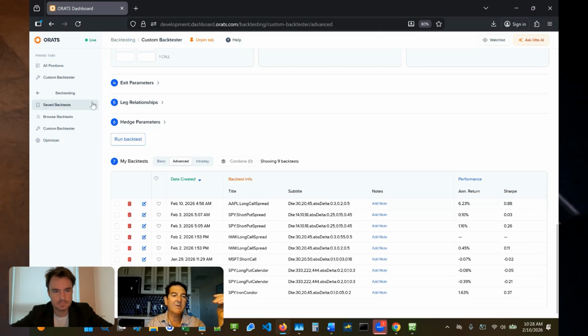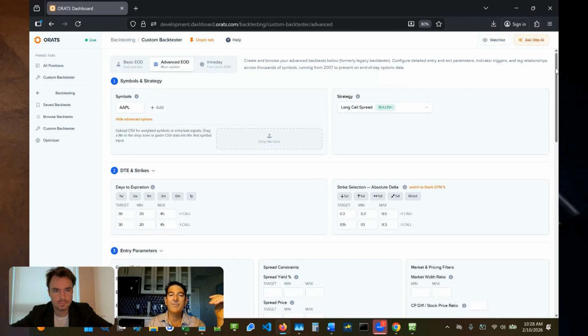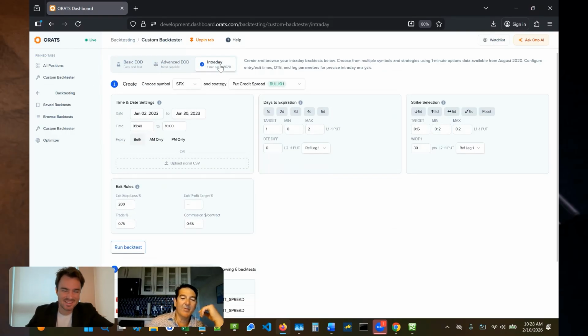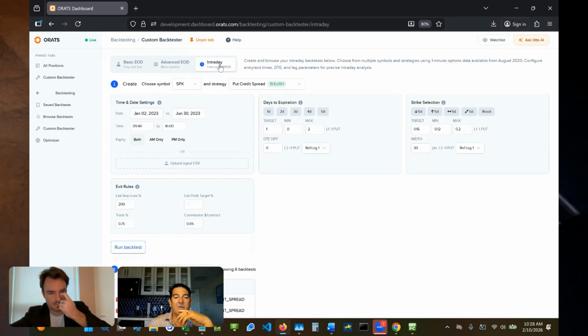Again, you go to backtest, you go to custom backtester. So the advanced custom backtester, you can see it's quite a bit of things. And what is this, Tyler? This looks like intraday to me. Yeah, so that's our next thing we're coming out with, the ability to trade intraday, 0 DTE tests, or just regular tests where you trade intraday, and it'll check things intraday.